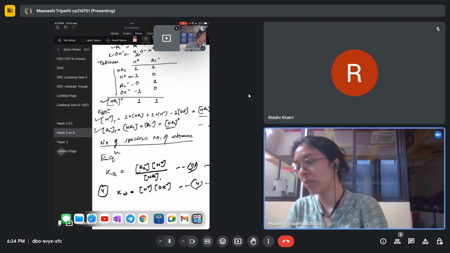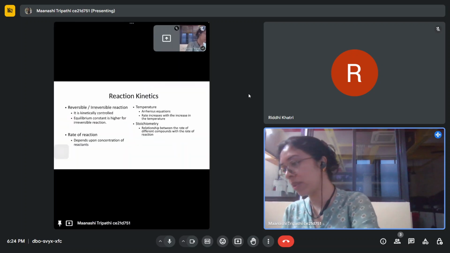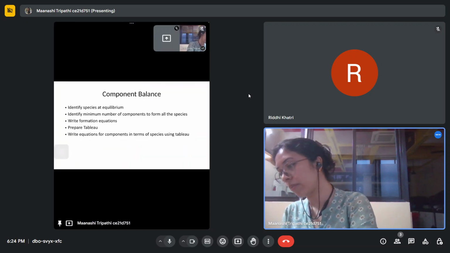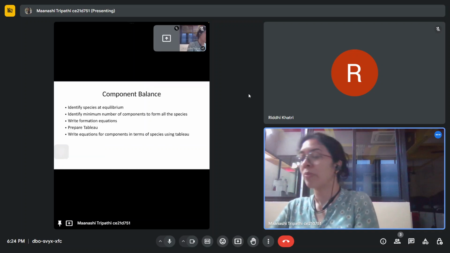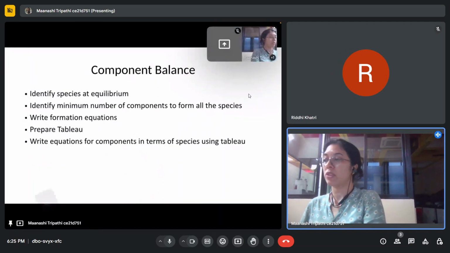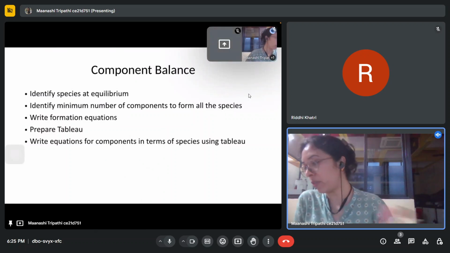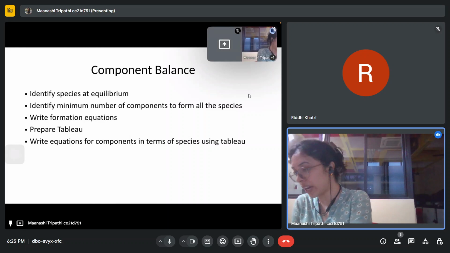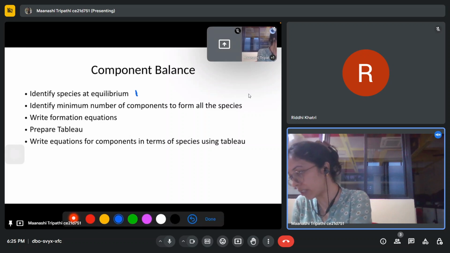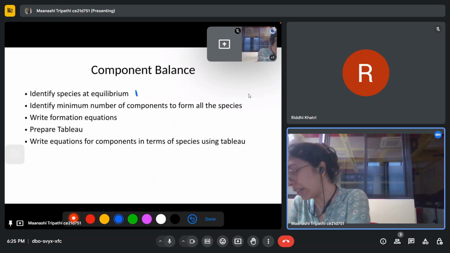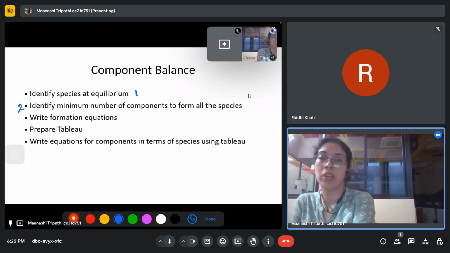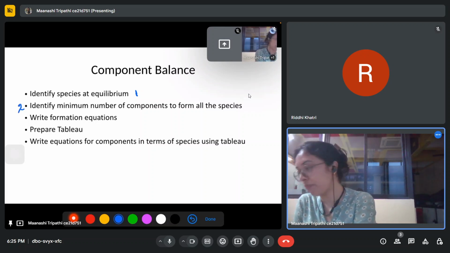So moving towards the concept. I was telling what we need to do for writing the component balance. Step 1 is identification of the species. Second step is to identify the minimum number of components to form all the species.